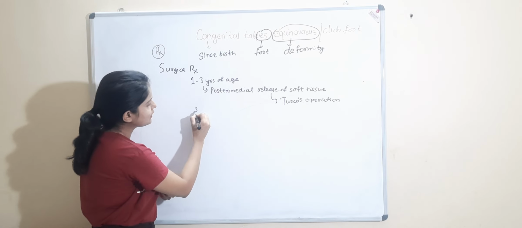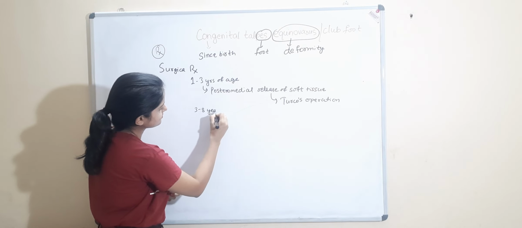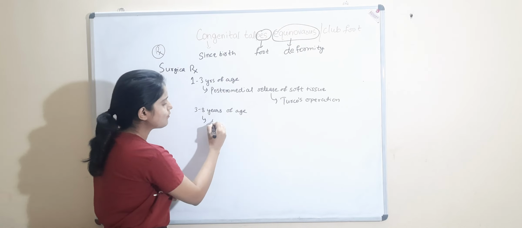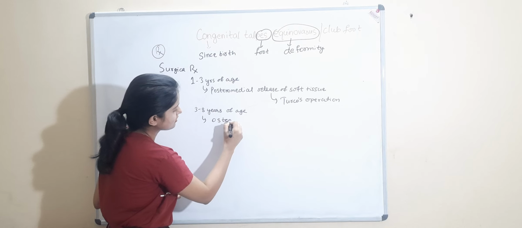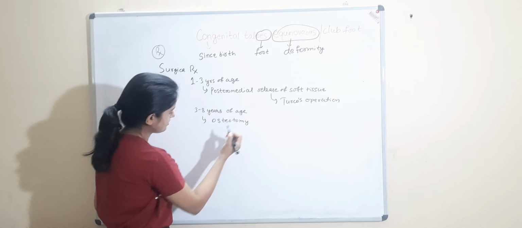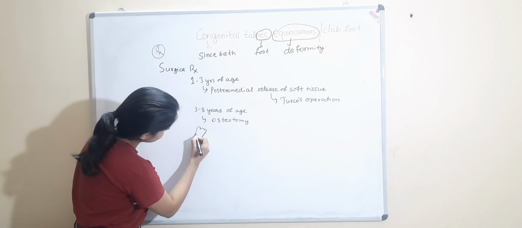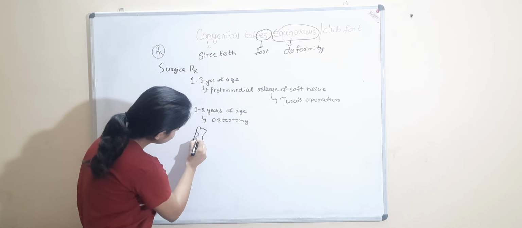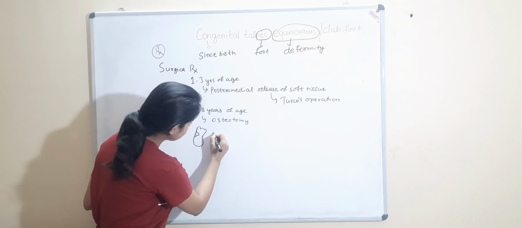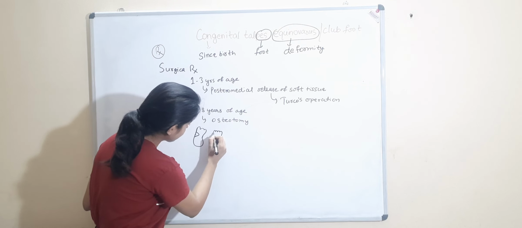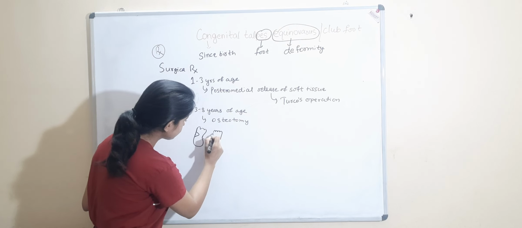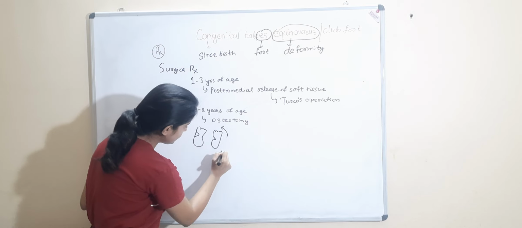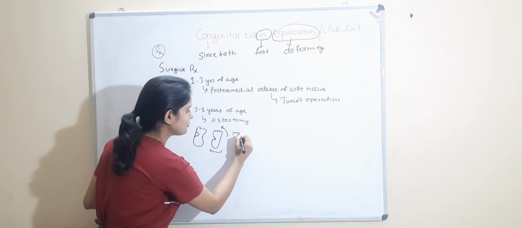And if the child is of 3 to 8 years, then we have to perform osteotomy. Suppose this is the foot of the child, then we have to cut this bone. Then this will be empty space. Then we have to move in this way and correct the deformity.